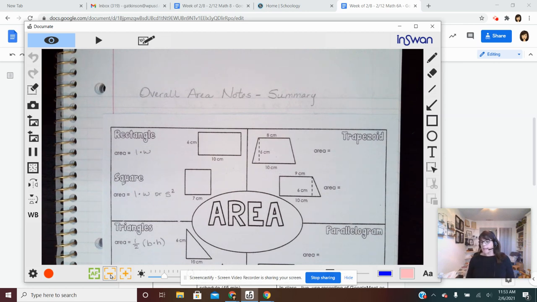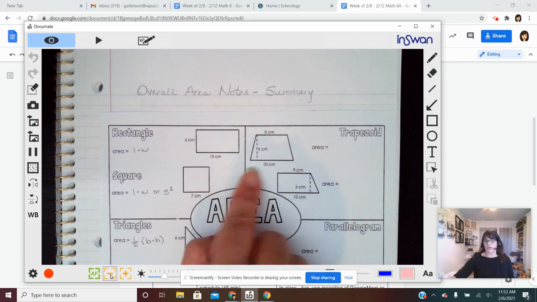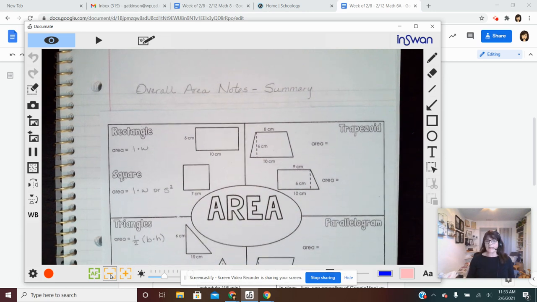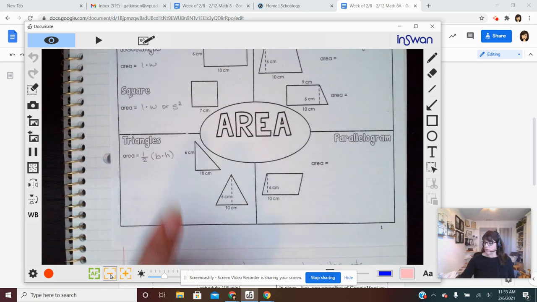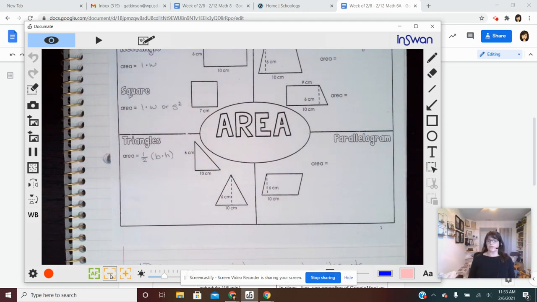Okay. One of the focuses of our geometry unit is not just can I find the area of an object, but can I effectively use a formula? If you can effectively use a formula, it's going to help you in science. It's going to help you later in math.